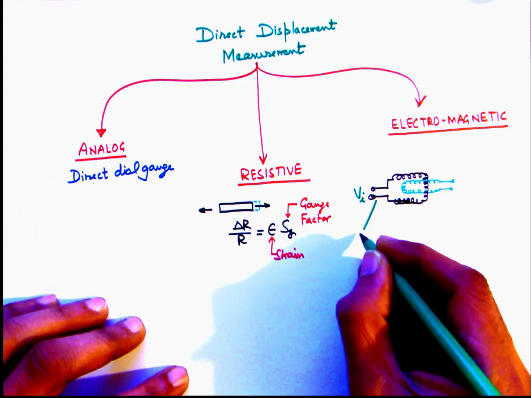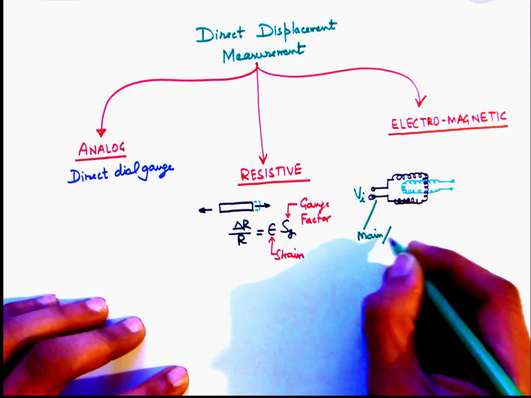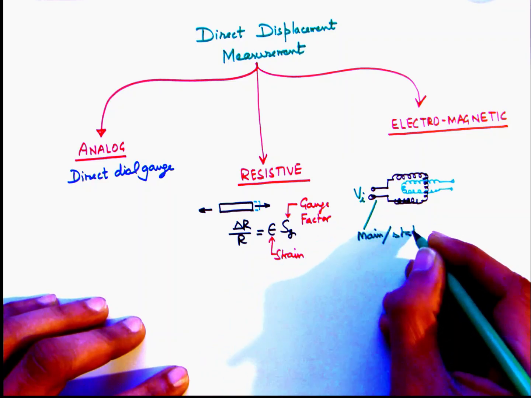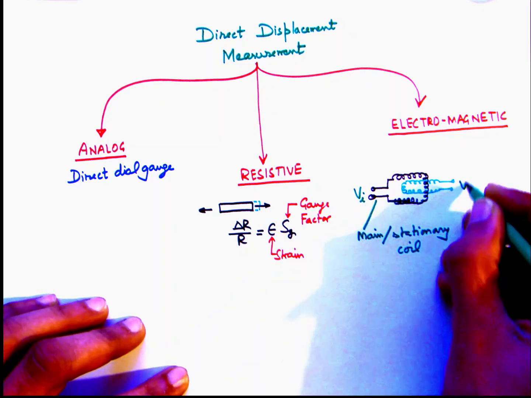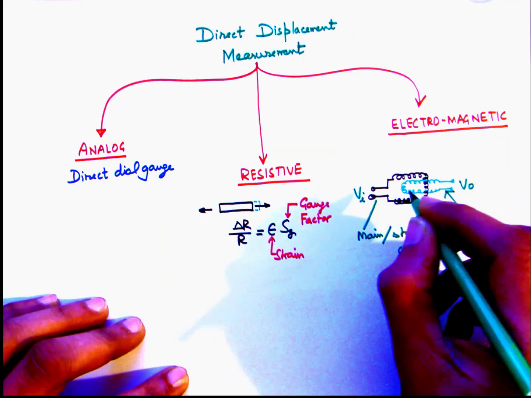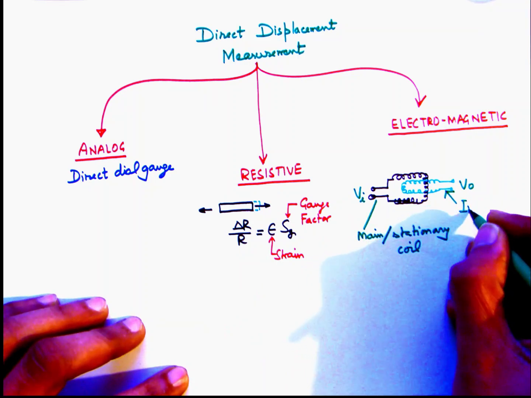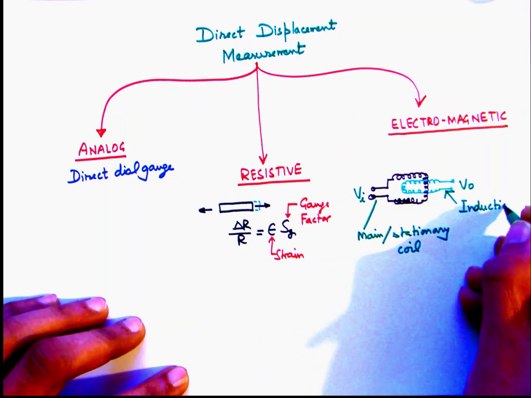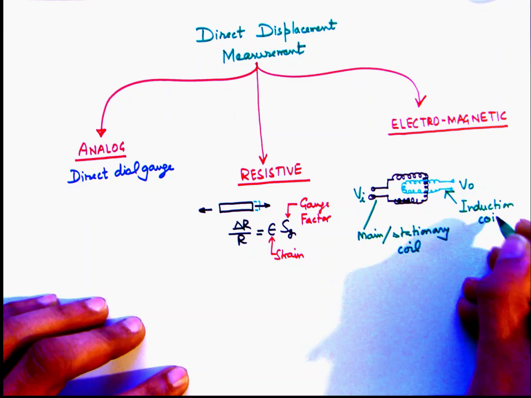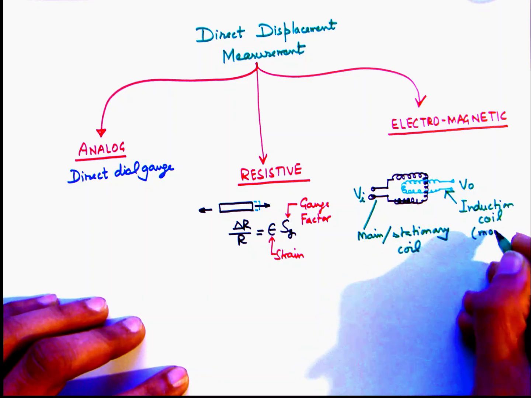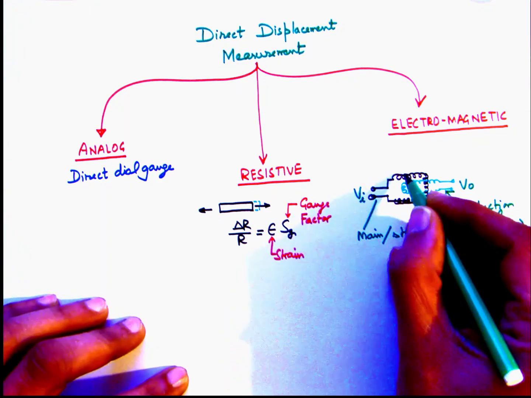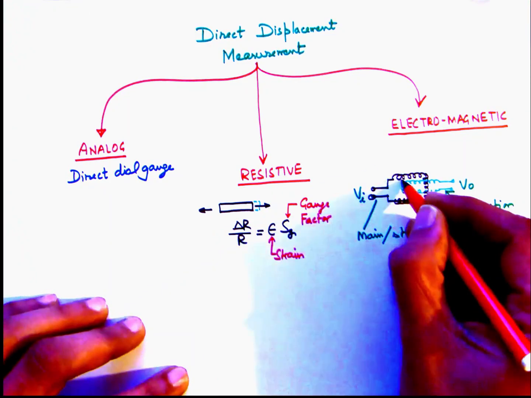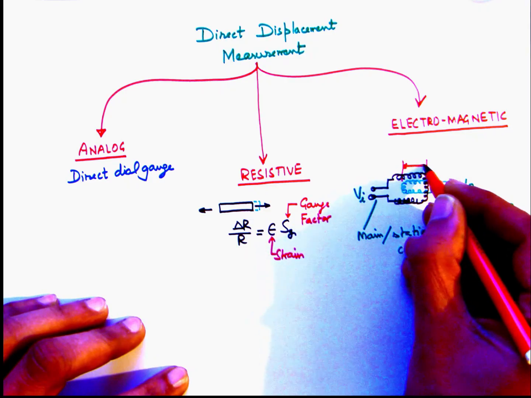So in the primary coil, which is the main or the stationary coil, a potential difference is applied, and then in the case of the second coil, the potential difference is induced by means of electromagnetic induction, and that coil is called the induction coil.